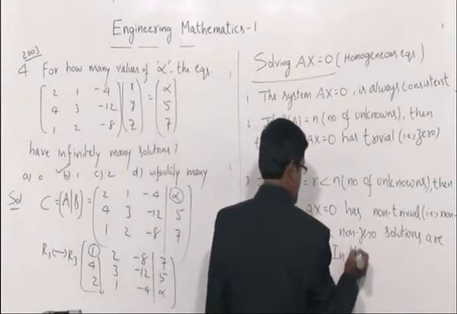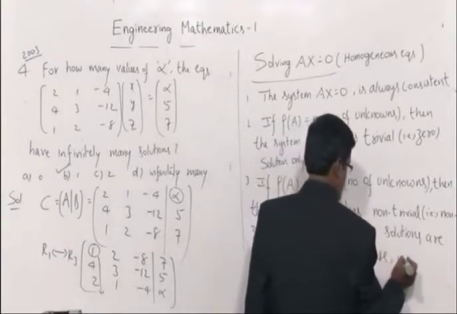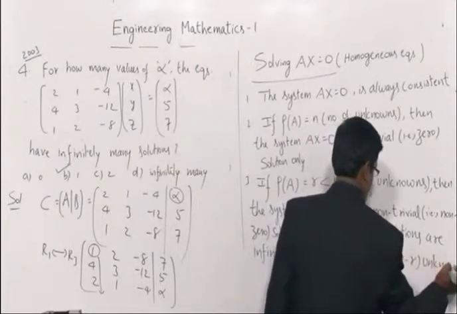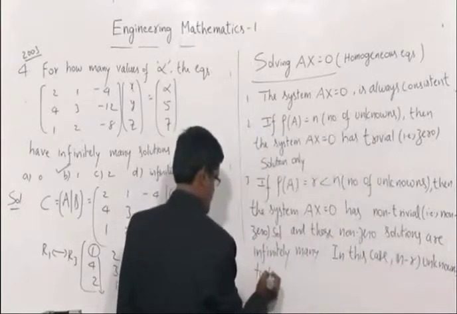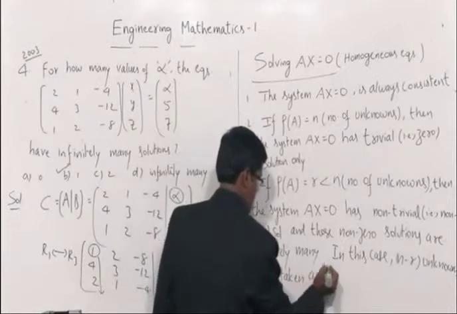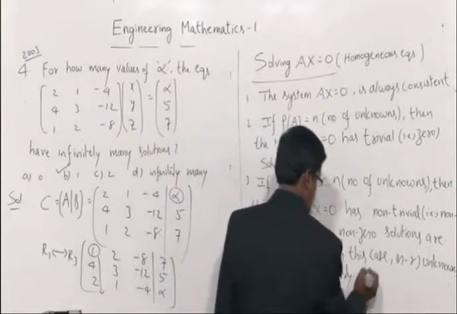Same as above. In this case, n minus r unknowns are to be taken arbitrarily.